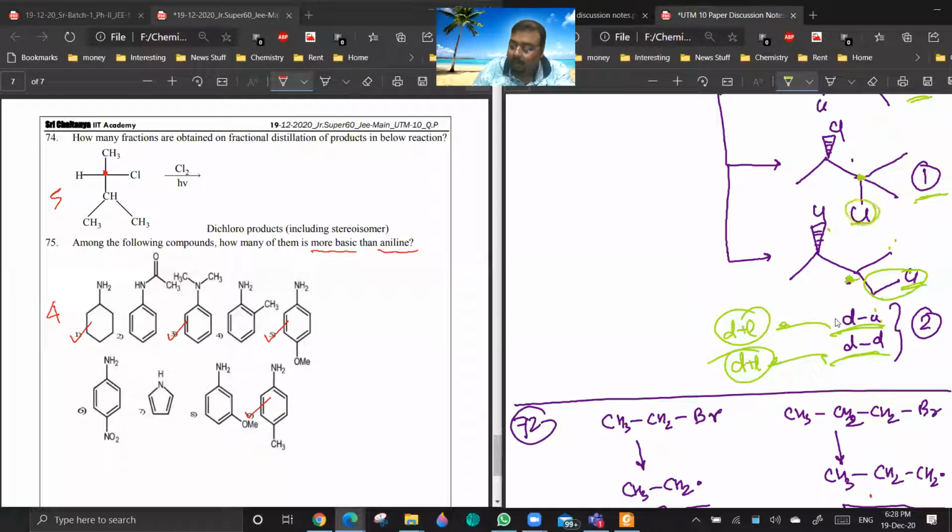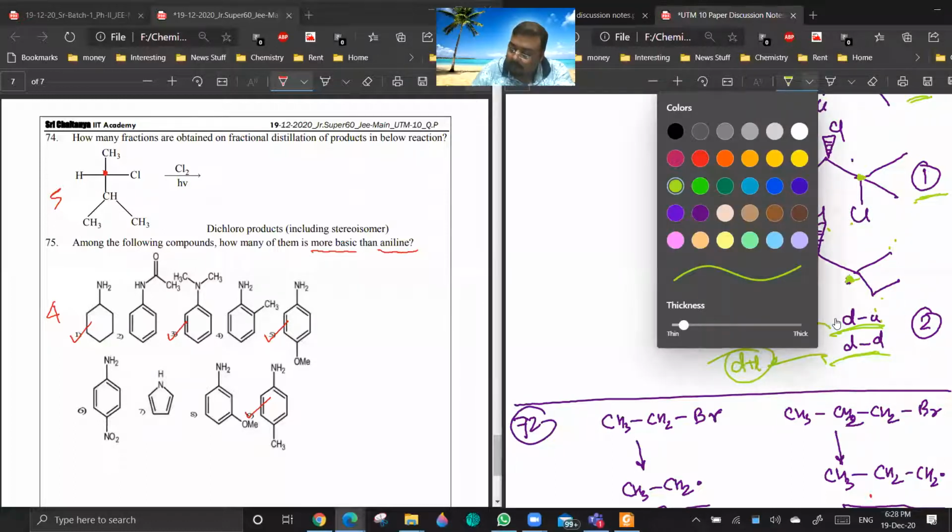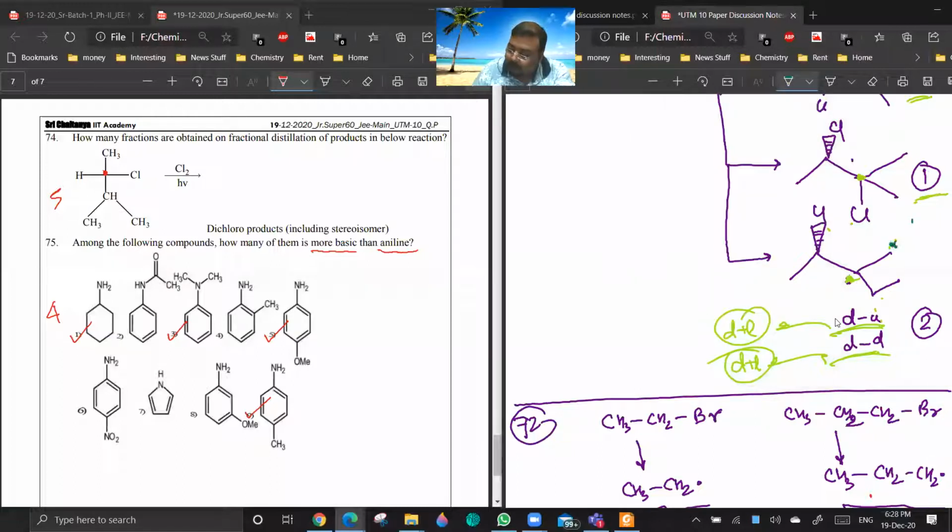No, sir, I'm talking about the fourth, last example. In the last example, this carbon and this carbon are equivalent, so you can put chlorine at any one of them.